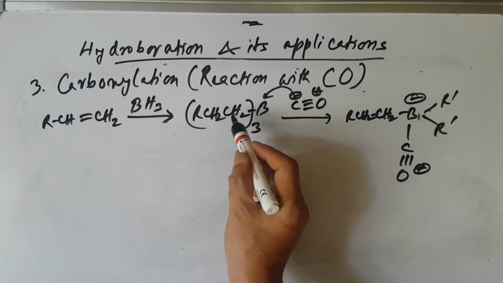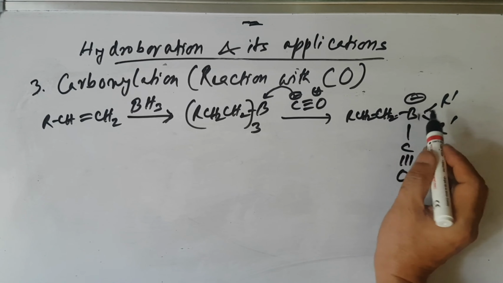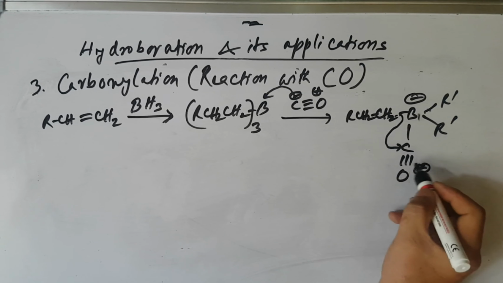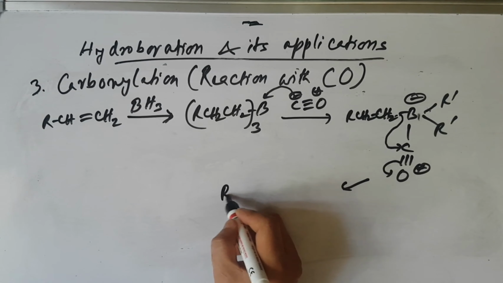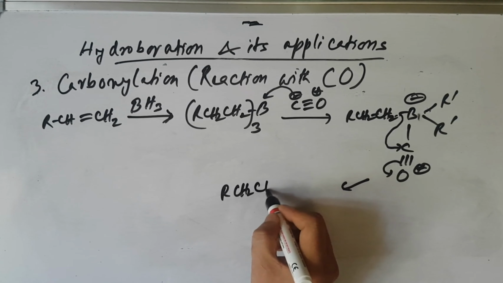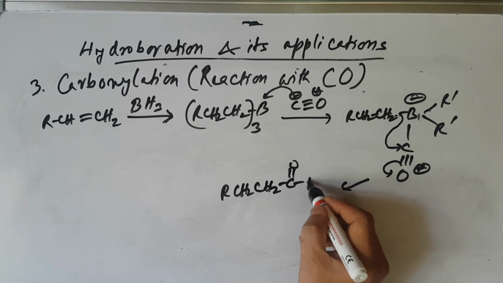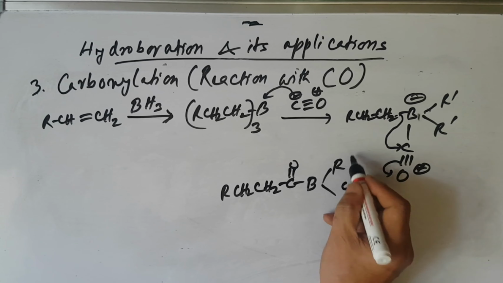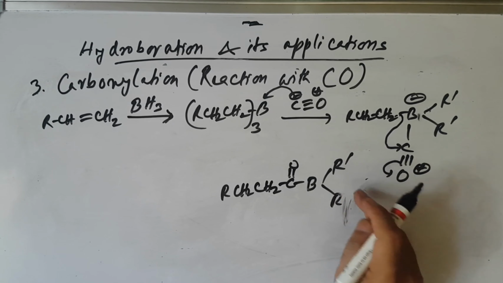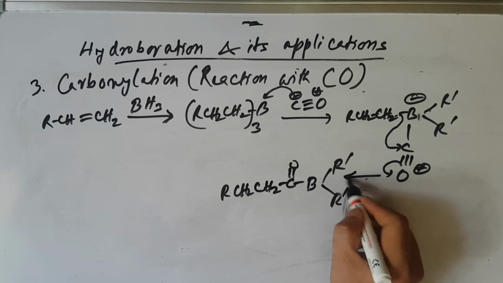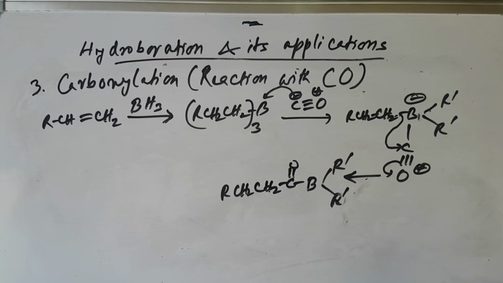This R prime is these groups. I'm just representing. So now migration takes place. These groups migrate like this. So this gives R CH2, now C double bond O, then boron, then R prime. Okay, reaction like this. So the product is this one.